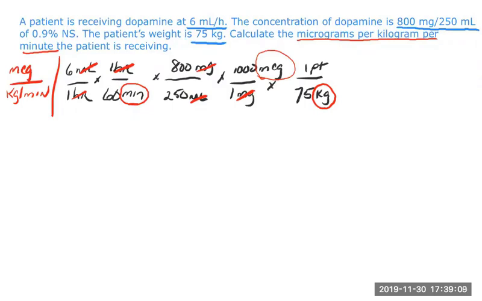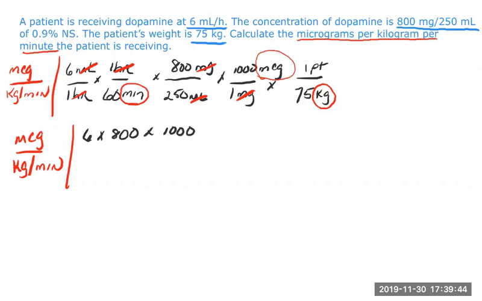So now we're just going to multiply this out. Again, the final product that we want is micrograms per kilogram per minute. And to get that, we're going to have 6 times 800 times 1,000 micrograms.